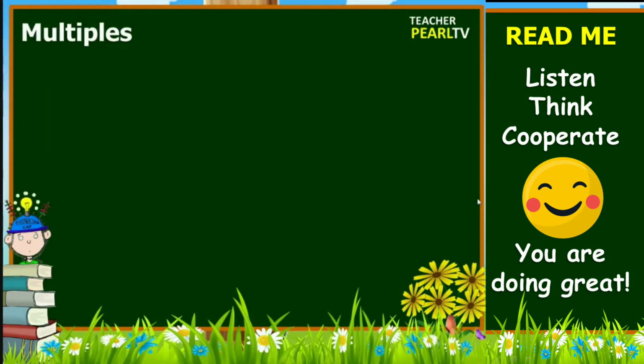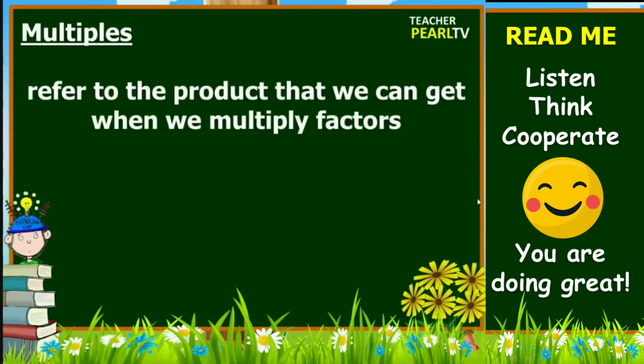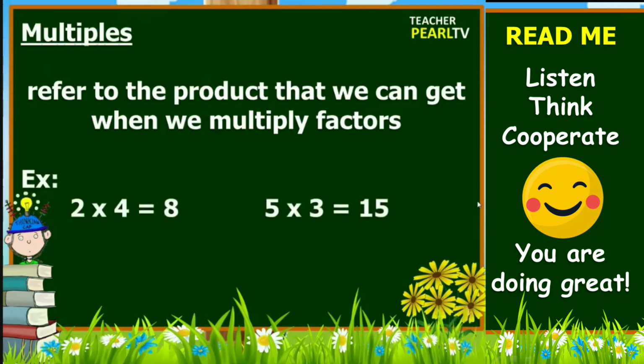What are multiples? Multiples refer to the product that we can get when we multiply factors. Multiples and factors are related. Example, 2 times 4 equals 8. 8 is considered a multiple of 2 and 4.